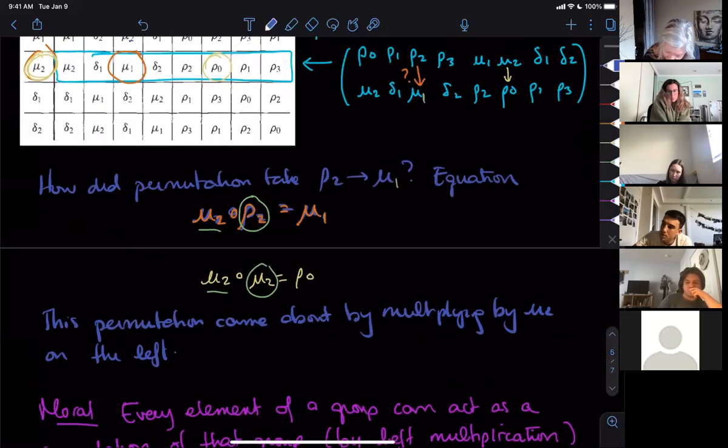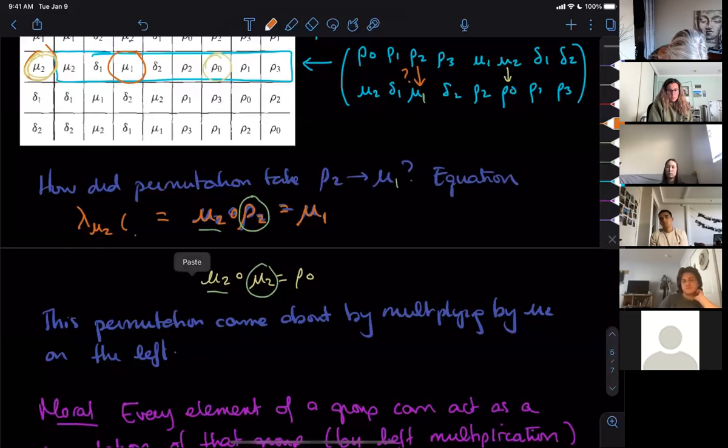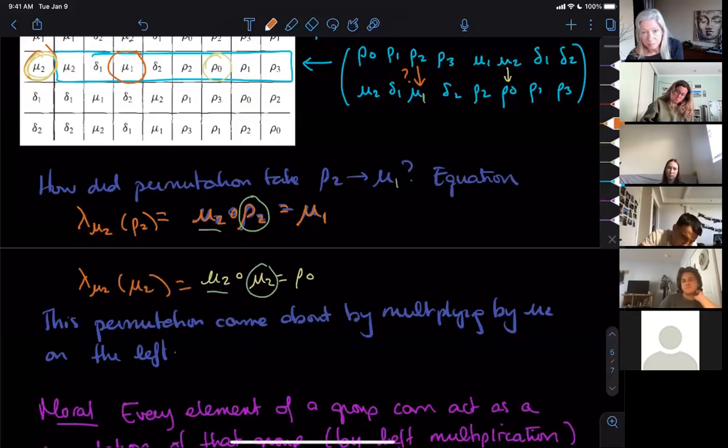So I would call this, going back with that notation, lambda sub mu2 applied to row 2. And this is lambda sub mu2 applied to mu2. Okay, so things are getting kind of meta, right?